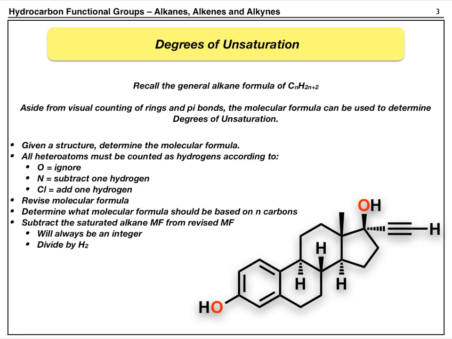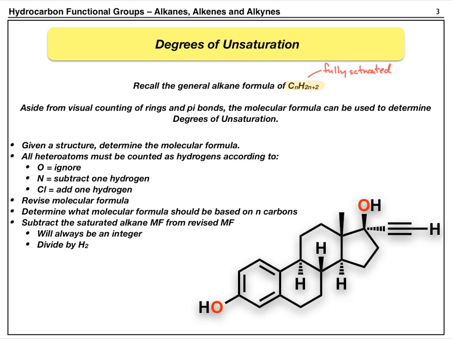So in this slide, we're going to calculate degrees of unsaturation using the general alkane formula of CnH2n plus 2. And again, as a reminder, for an alkane, this molecular formula is fully saturated. Notice there's no heteroatoms present, it's just carbon and hydrogen.